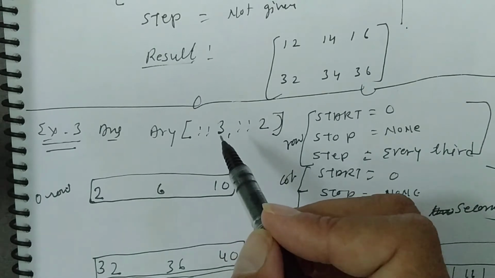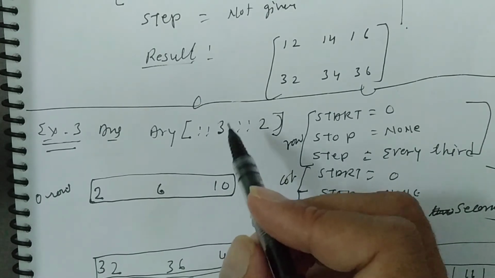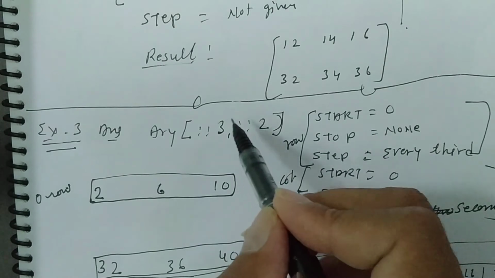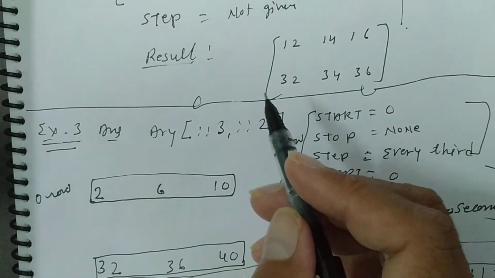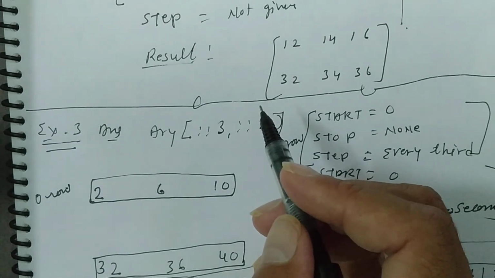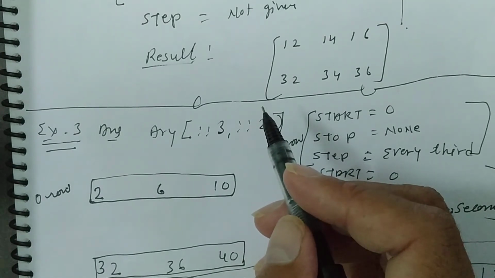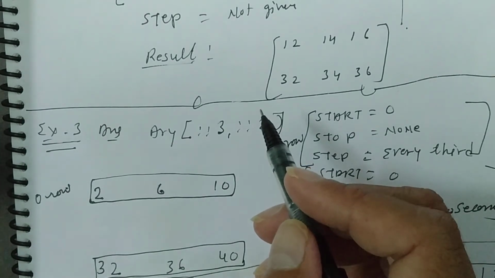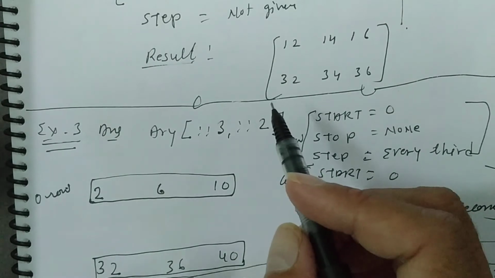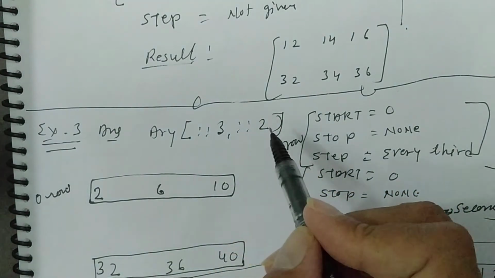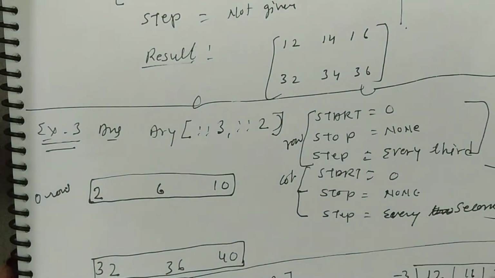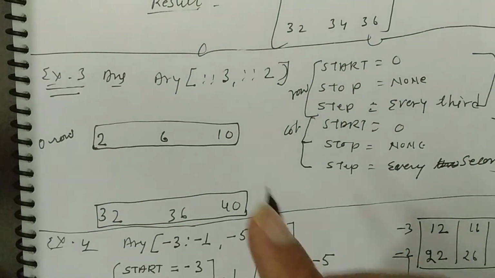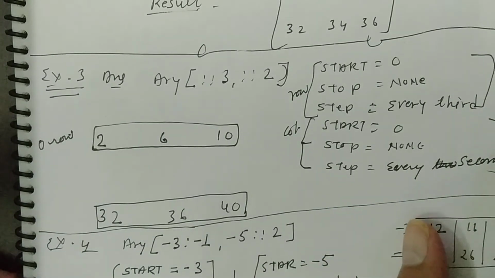Ending not given, then till the last element. And step is given, so step is 3. It means every third element, meaning we have to jump 2 rows in between. Show the first row, 0, then jump 1 and 2, show the third, then jump 4 and 5, show 6. In row and column both, only step is given, not the starting and ending points. So its answer is 2 6 10 and 32 36 40.